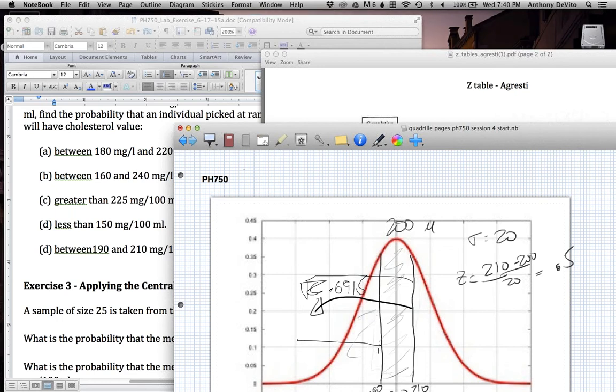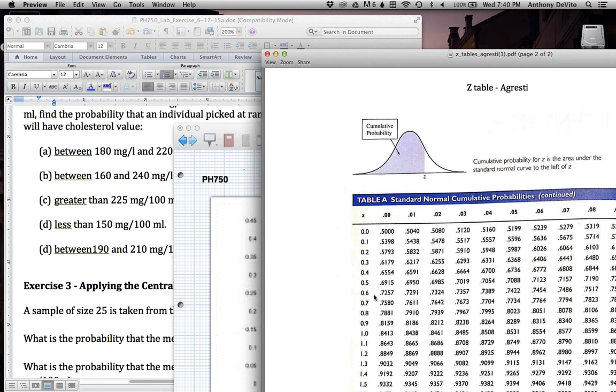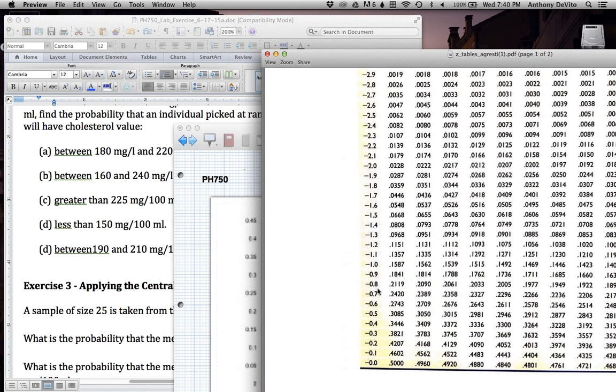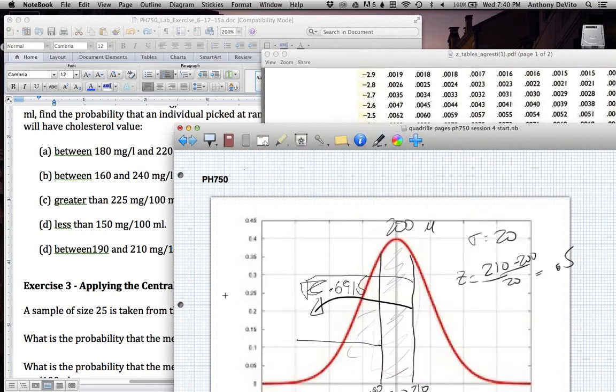That's going to be negative. It's 10 below, so I know it's going to be negative 0.5. So I'm not going to bother to do that. I hope I don't confuse you by not doing that. So I'm going to go to negative 0.5, and that is going to be 0.3085. So this area in here, from here to the left, is 0.3085.